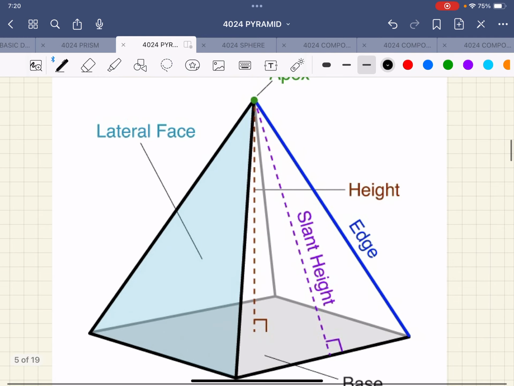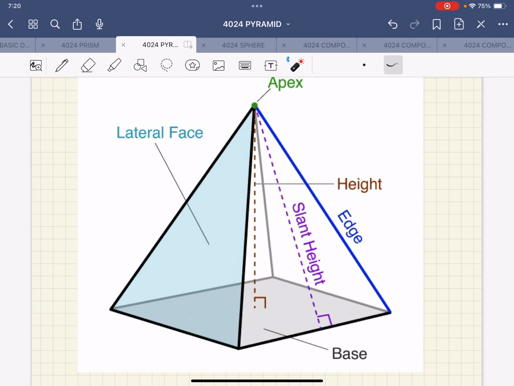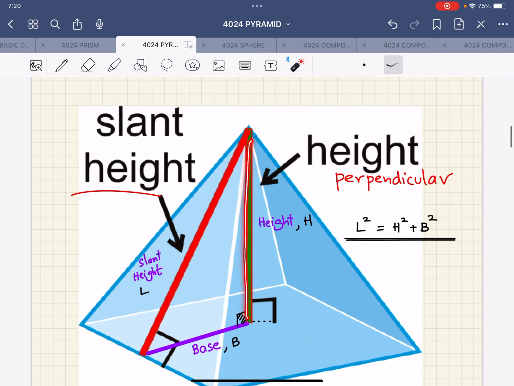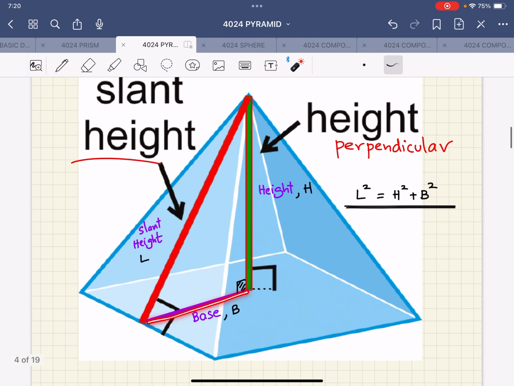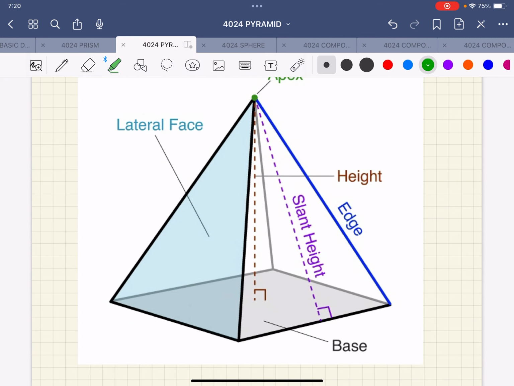Now let's look at this diagram. If I look at this diagram, what I see is that this is the lateral face. Then this is the perpendicular height, which I have labeled over here in green color. Base is in purple color, and this slant height is in red color. So let me use the same colors over here.